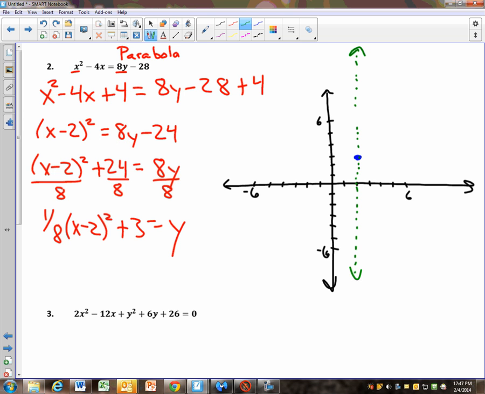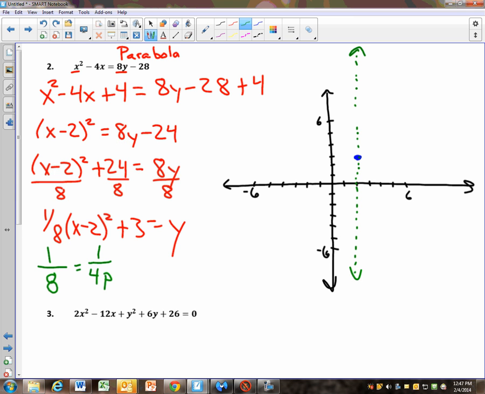Okay, well, now I guess I need my focus and my directrix. How do you find the focus and the directrix? A, or 1/8, is equal to 1 over 4p. That's our equation.